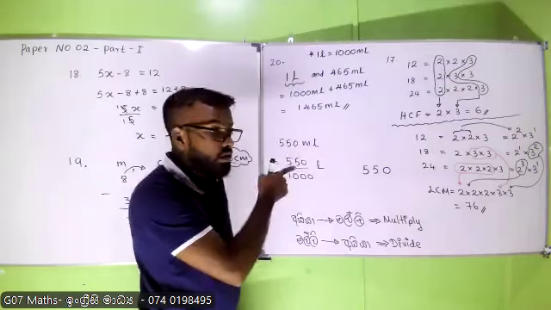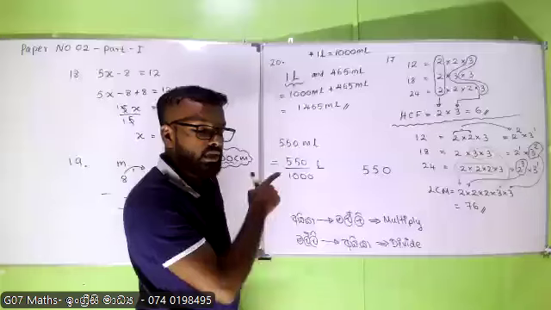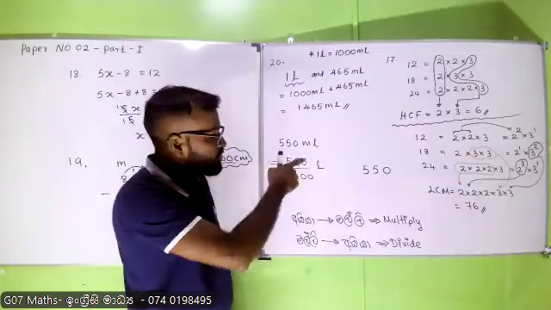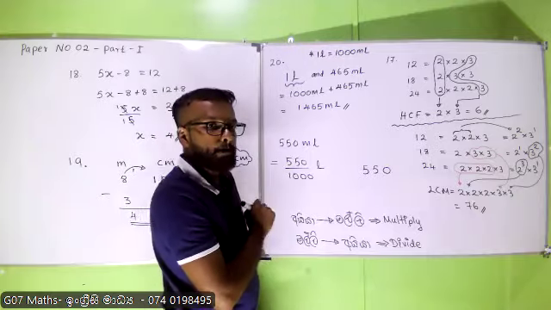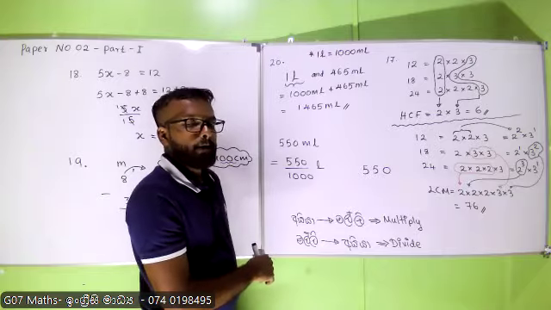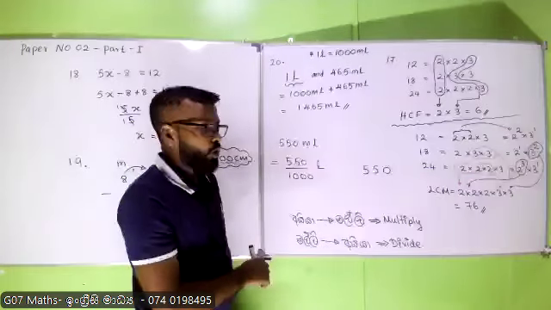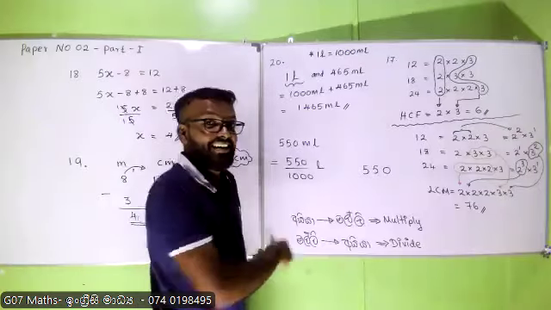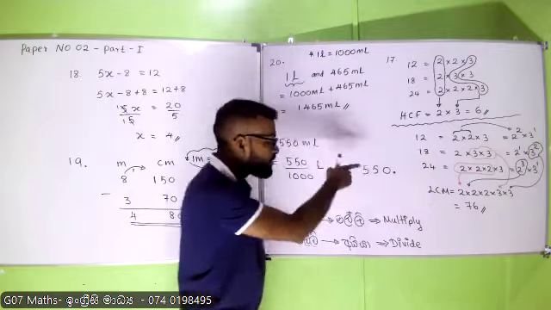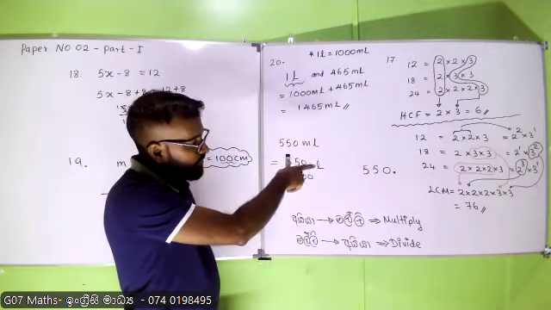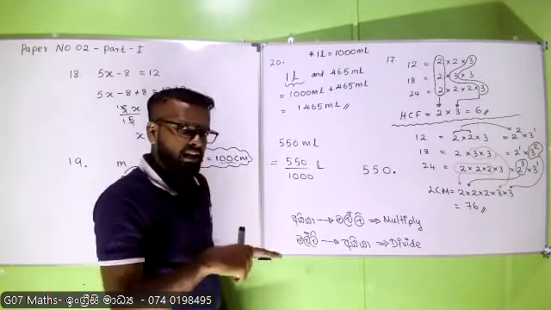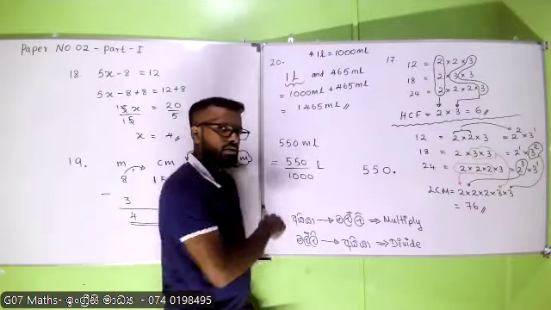Here you have 550. Now, where is the decimal point of that 550 originally? Next to the 0, at the end. Originally the decimal point is here. Now we are going to divide by 1000.